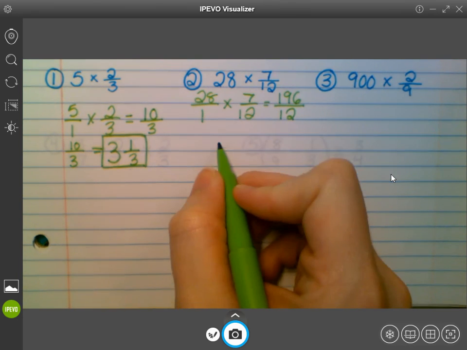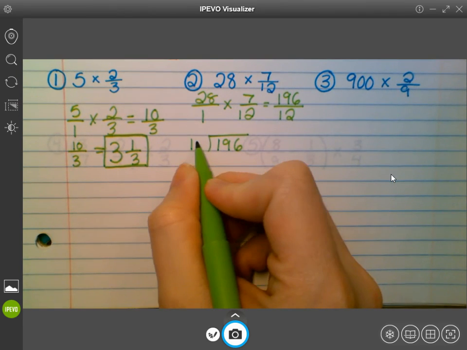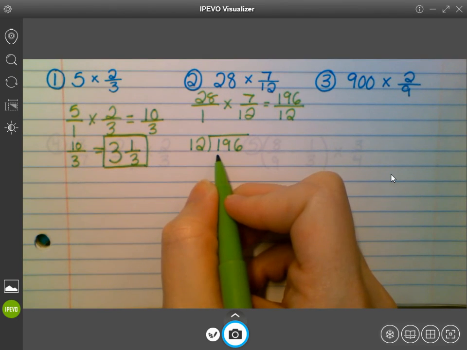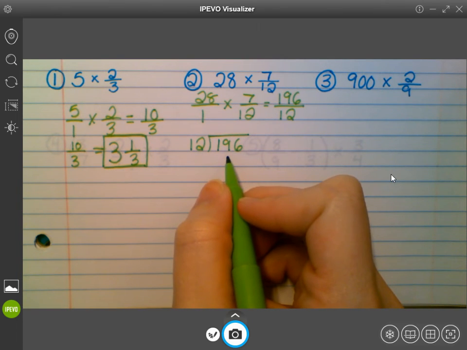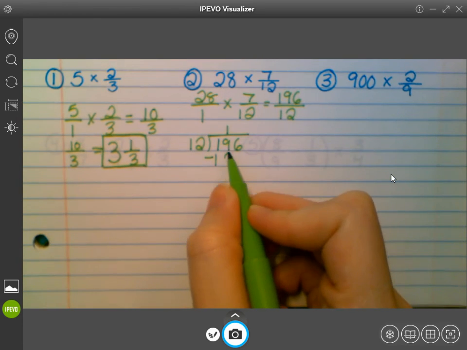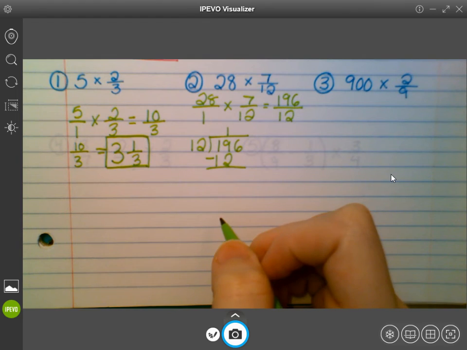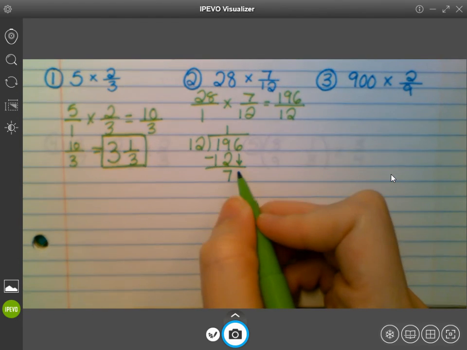So if we set up a division problem, can 12 go into 1? No. Can 12 go into 19? How many times? Once. Then I subtract 12. 19 minus 12 gets me 7. Then I bring down my 6.